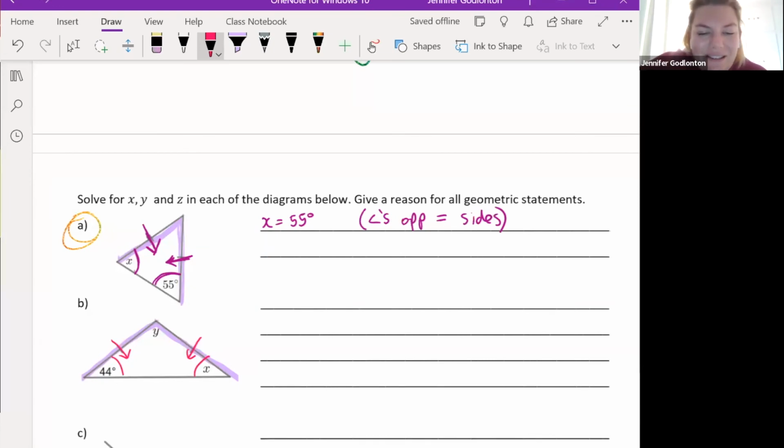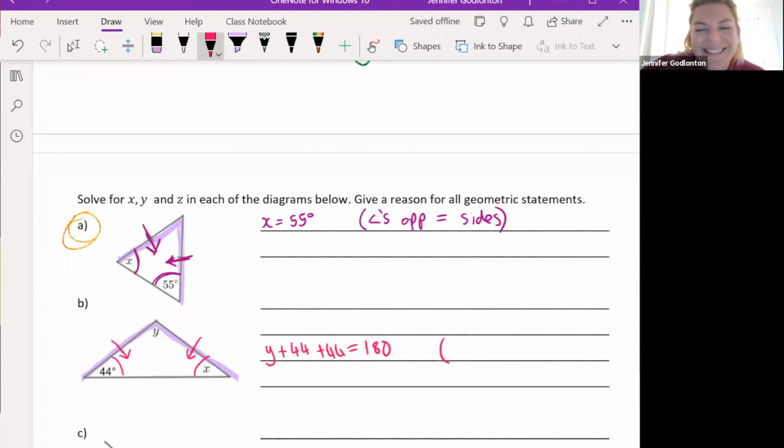Ma'am, I think I got the answer for number B. Okay, what did you do for B? Ma'am, I said y plus 44 plus 44 equals 180. So I like that step, but we can't write that first. So I'm going to write it over here: y plus 44 plus 44 equals 180. What reason would I give for that?